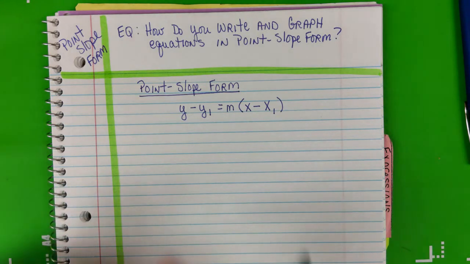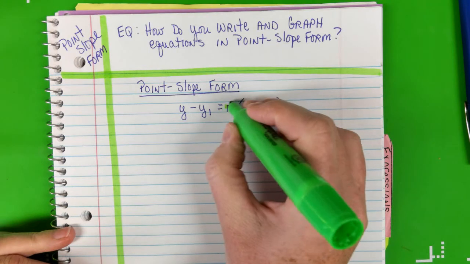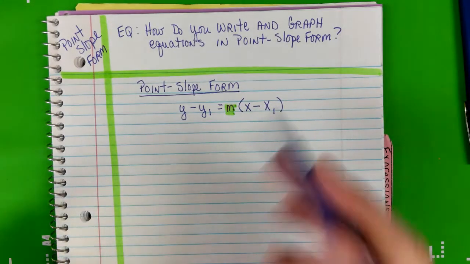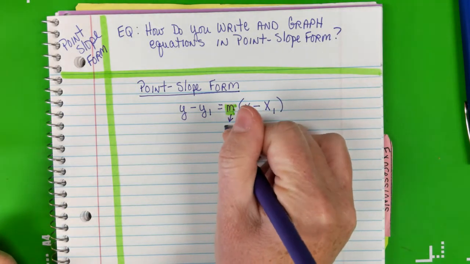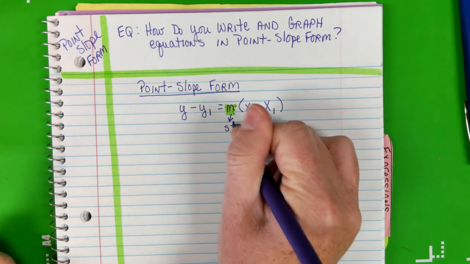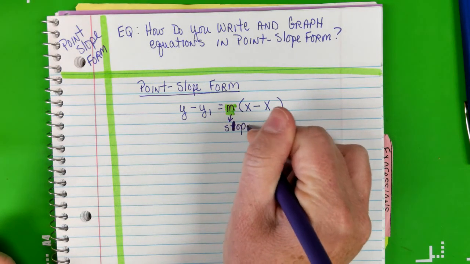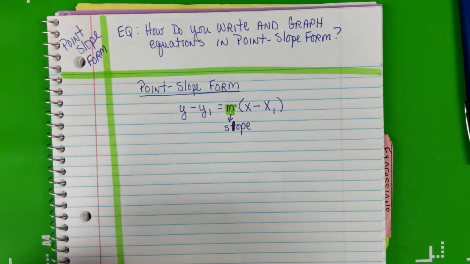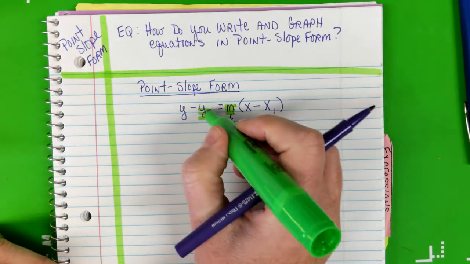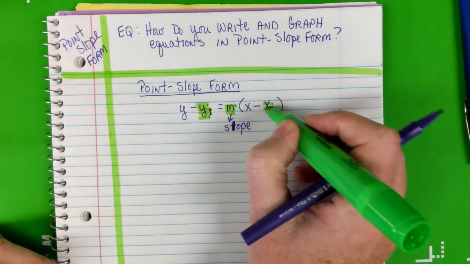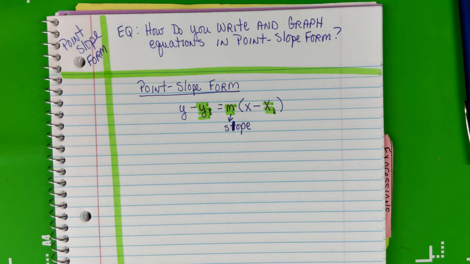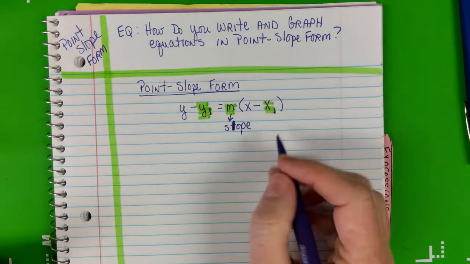And so what I want to point out is we still know that m represents slope. And you'll notice that we have two y's. We have just a regular y and y1, and then an x and an x1.